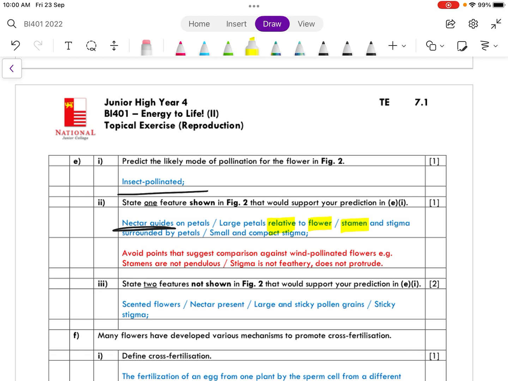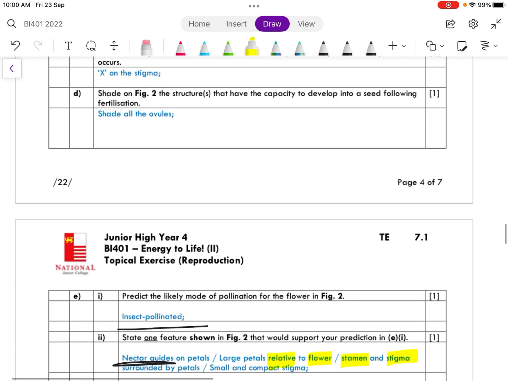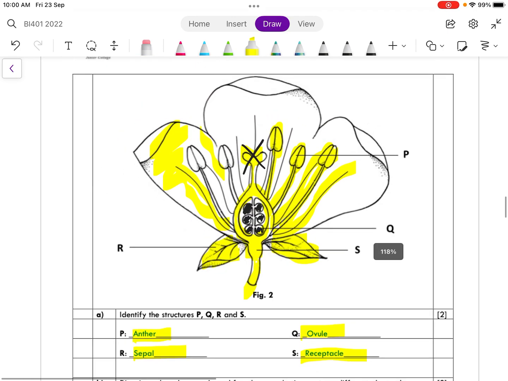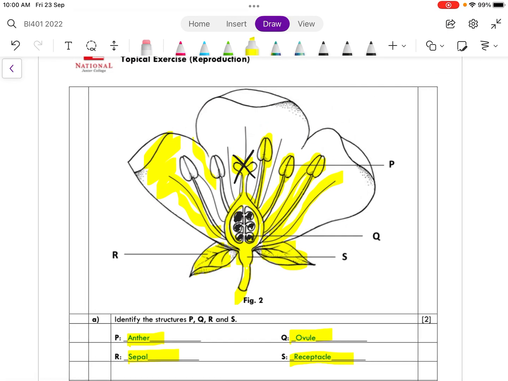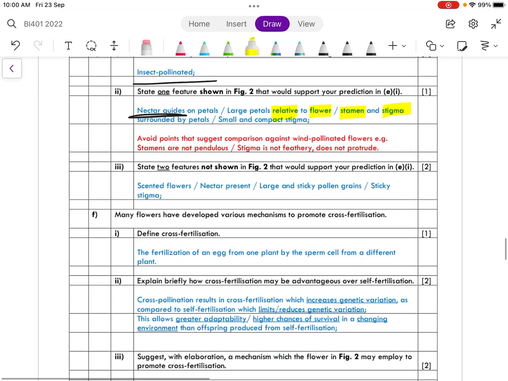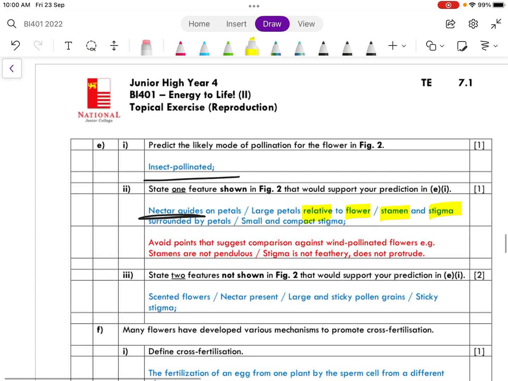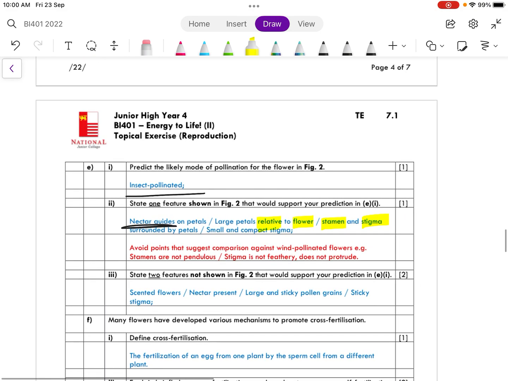Stamen is the male part, stigma is the female part, surrounded by the petals. Usually, if the stamen and stigma are surrounded by the petals, it is an indication that it's insect pollinated. Because if it's going to be wind pollinated, you want all these parts to be out in the wind, not wrapped up in petals. Last but not least, the stigma is small and compact.